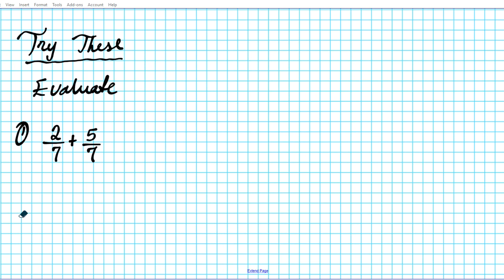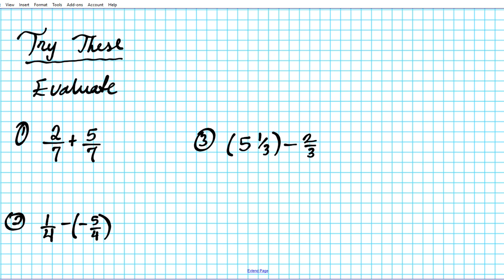And then number 2, you have 1 over 4 minus negative 5/4. Number 3, let's say you have 5 and a third minus 2 and a third. Number 4, let's say you have 3 and a fifth plus negative 5 and 1/5.